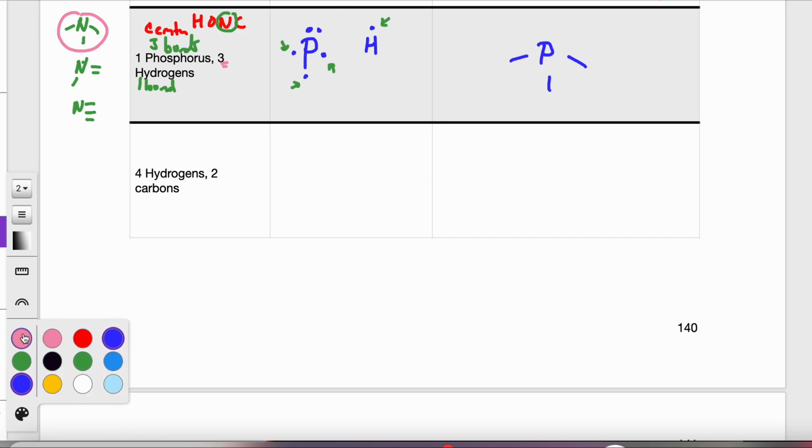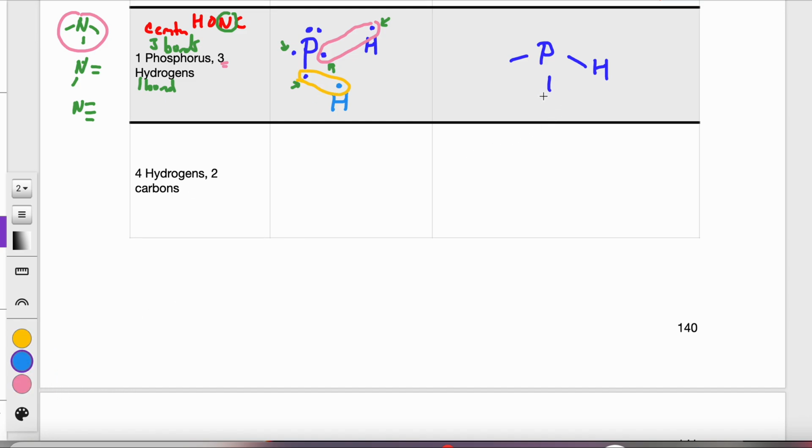So what happens here, just working through it, my hydrogen I have drawn here, its only electron will pair up with 1 of phosphorus's unpaired electrons. I'm going to place it there. Now I add a second hydrogen. It has only 1 electron, which is unpaired, and its only electron will pair up with phosphorus's second unpaired electron.